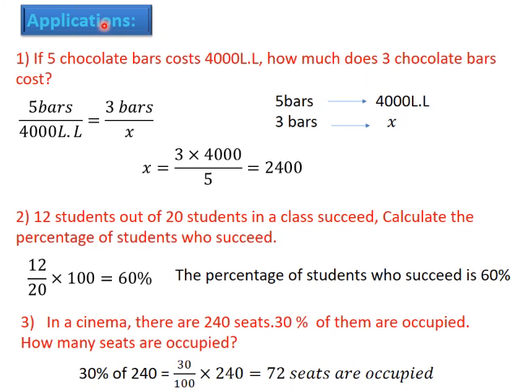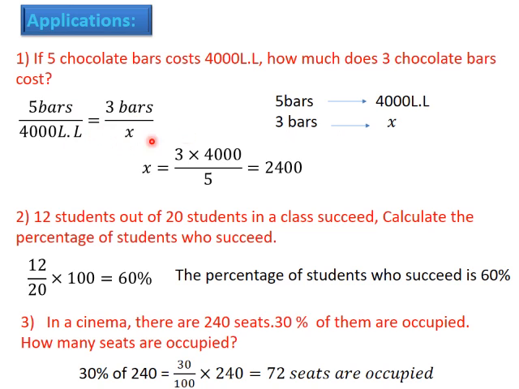Let us take applications. Number 1. If 5 chocolate bars cost 4,000 Lebanese lire, how much do 3 chocolate bars cost? We can solve this question in two ways, either by using proportion or using the triplet rule. By using proportion, we write 5 bars over 4,000 Lebanese lire is equal to 3 bars over x.